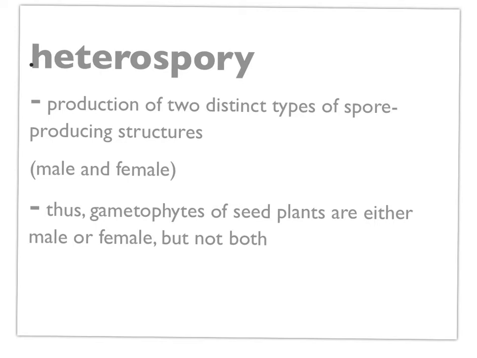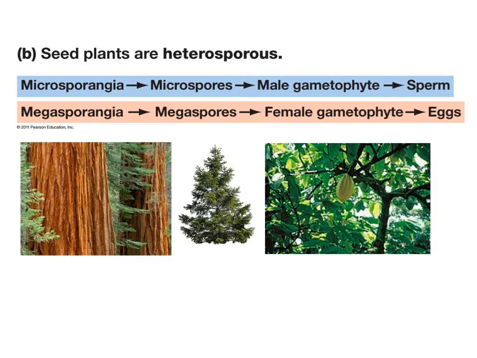Ginkgo is its own separate group of seed plants, and then our flowering plants, angiosperms. The gametophytes of seed plants are either male or female, but not both. But they can be on the same plant here. So seed plants are heterosporous.